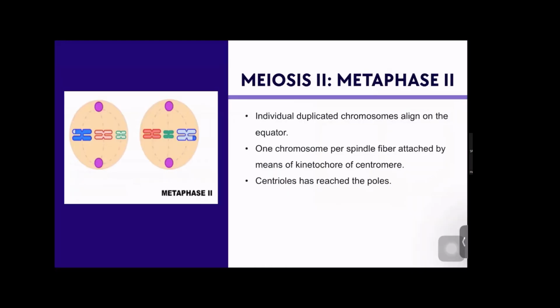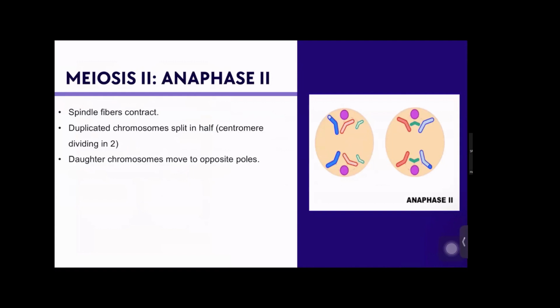In meiosis 2 metaphase 2, the chromosomes in each cell would line up at the equator and attach to the spindle fibers from both poles by means again of the kinetochore of the centromere. For meiosis 2 anaphase 2, the sister chromatids of each chromosome would separate and move to the opposite pole.